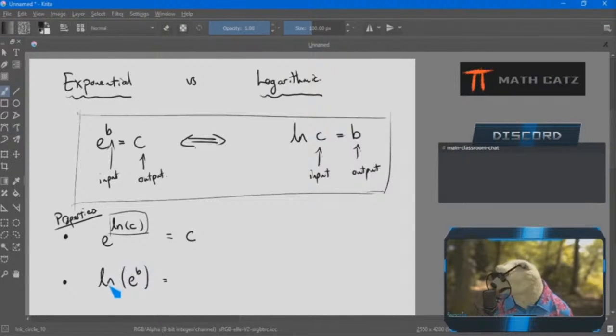Okay. The logarithm is taking that and outputting the power of e that would get me this thing in the bracket. But because that thing in the bracket is e to the power of b, the power has to be b. Now you can reason through it like this, which I really like as a test of your actual understanding of how these things are related and what they're doing, input, output.